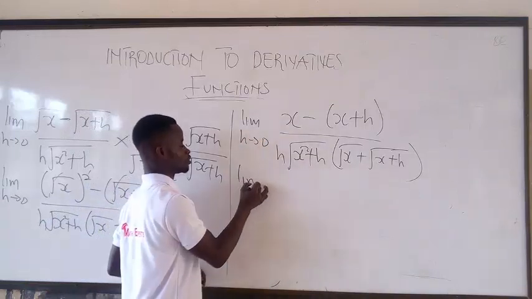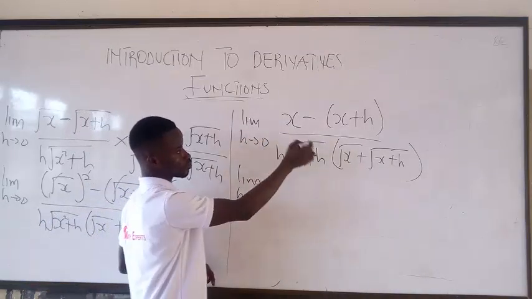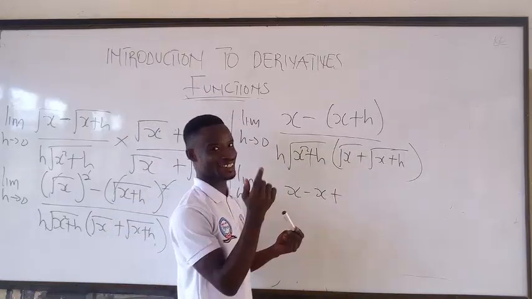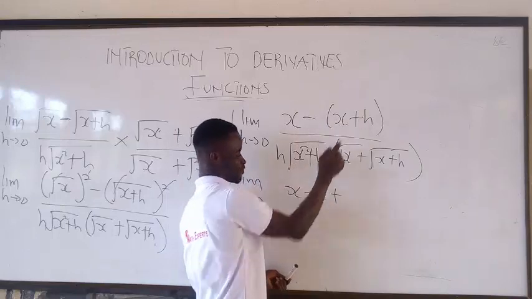Let's see what is going to happen to the numerator. Hey, you see, there is something wrong there. The negative will affect the inside.